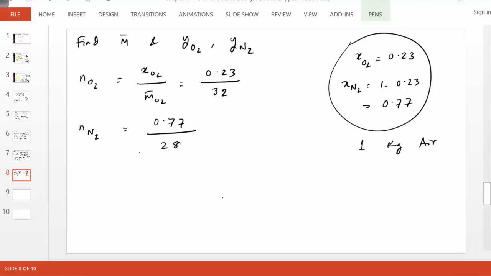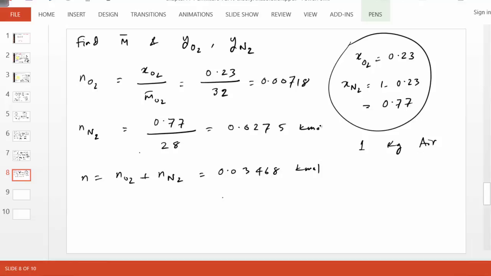So therefore, we can find the total mole. You can calculate that to be 0.03468 kilomole, and the oxygen amount, by the way, was 0.00718, and the nitrogen amount was 0.0275 kilomole.